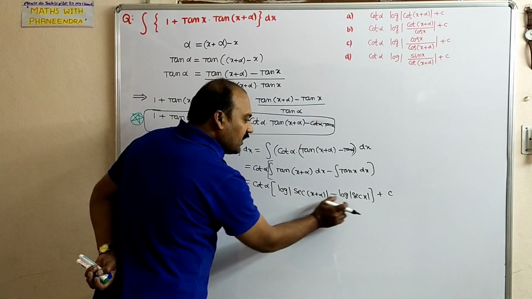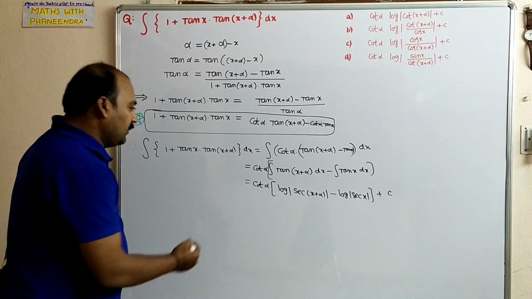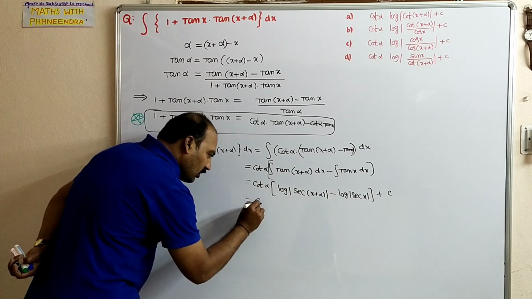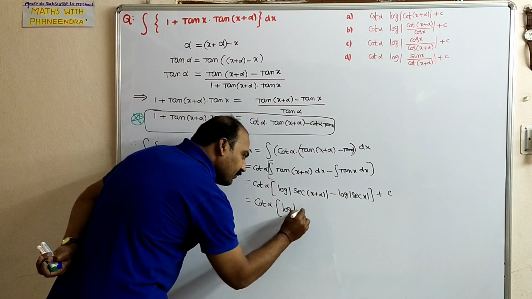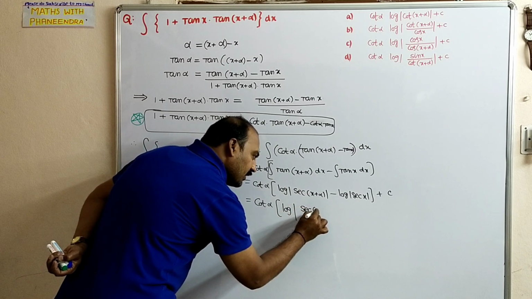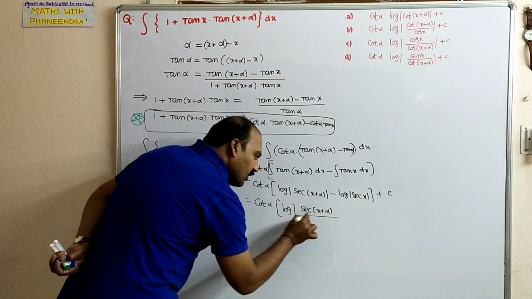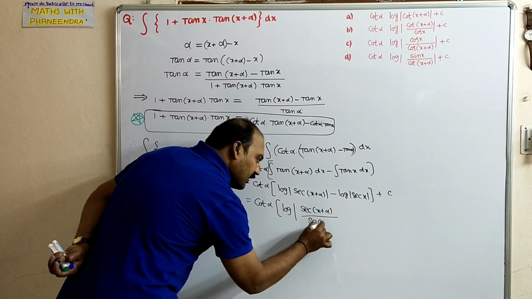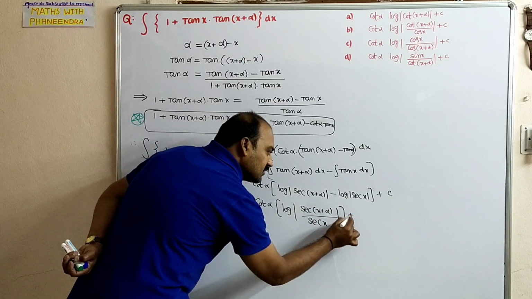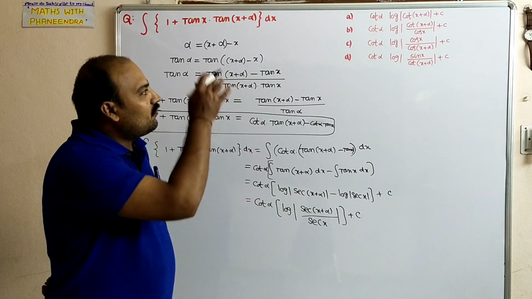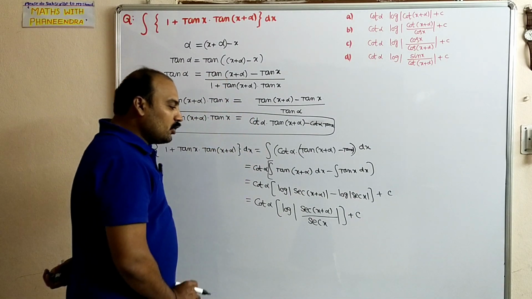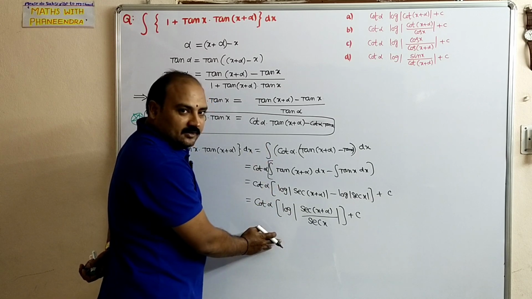So log a minus log b is log a by b, which is equal to cot alpha into log mod secant of x plus alpha divided by secant x plus c. But this option is not there in our 4 options. So what we have to do, this is also a correct answer.